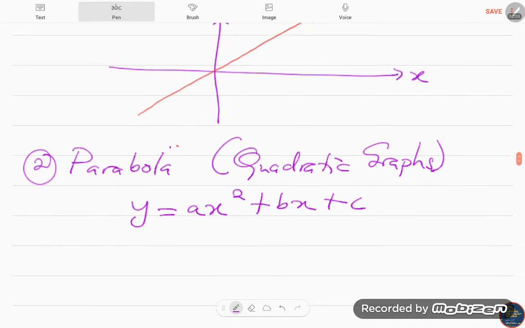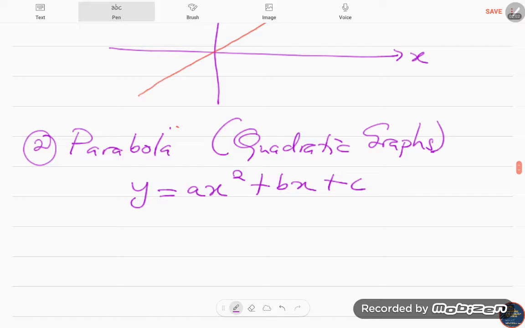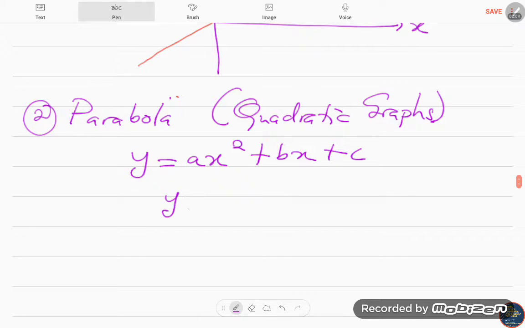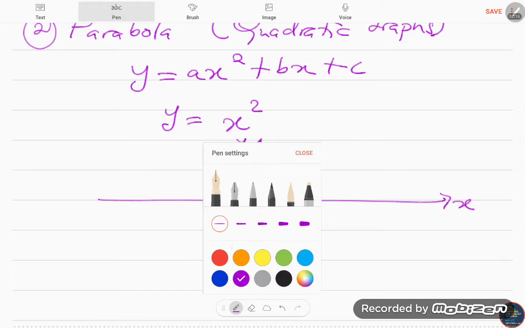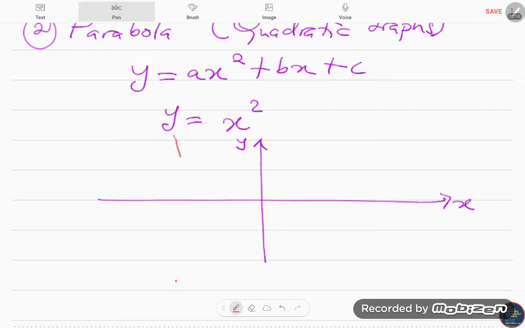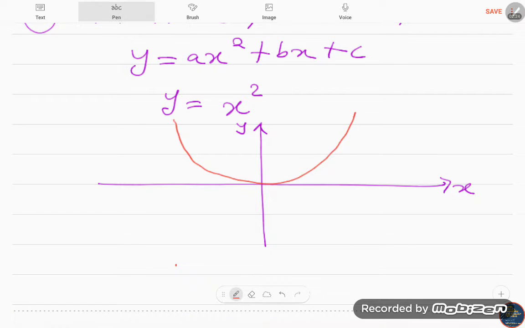This is the form in which we're used to seeing them, but the basic graph is y equals x squared, and that's the graph that we're going to draw here.